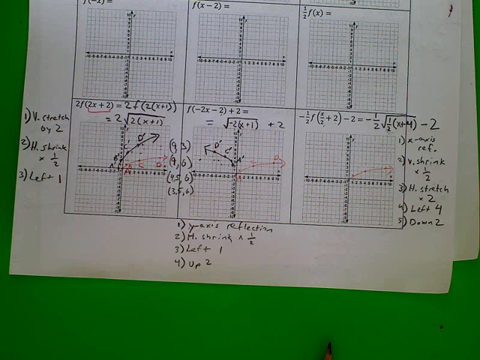Alright, we just have to do it with 4 2s. So that's 4 negatives. And then we want to particularly shrink, so that's 4 negatives.